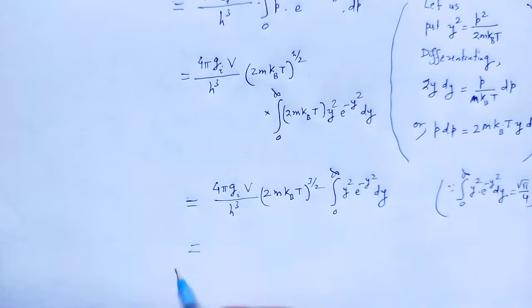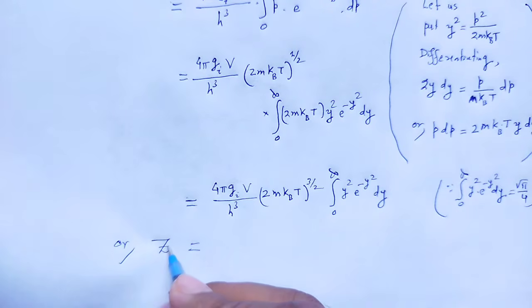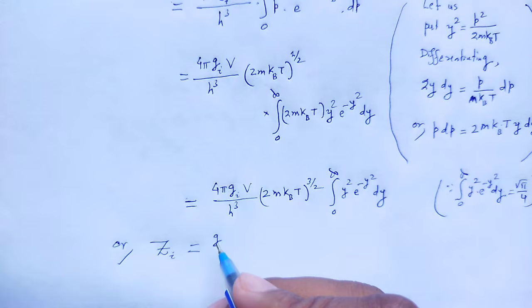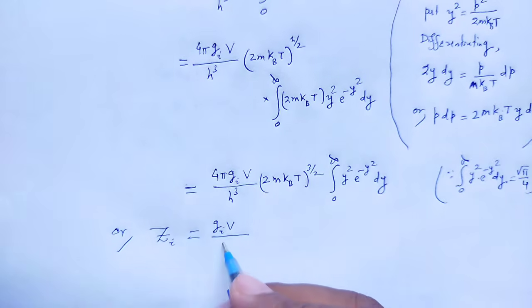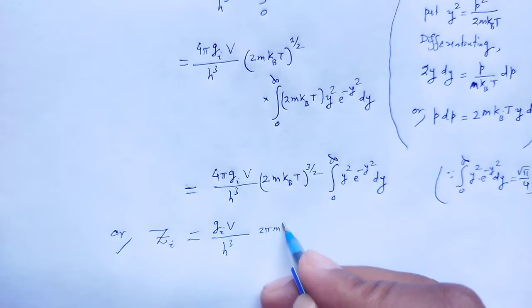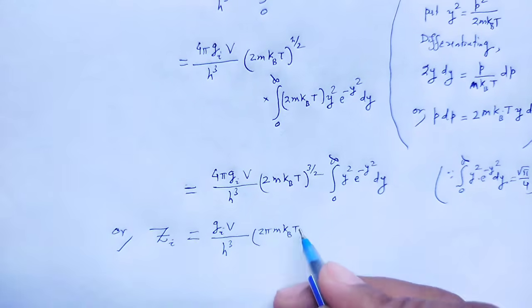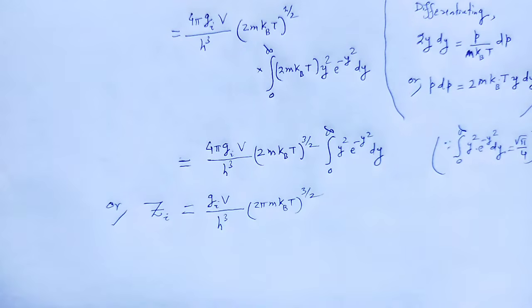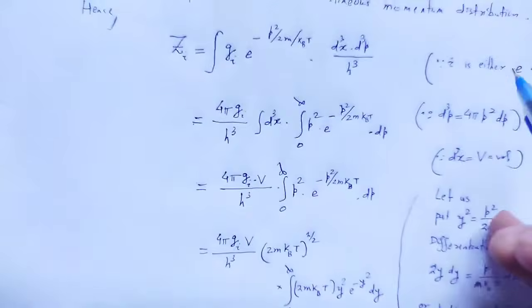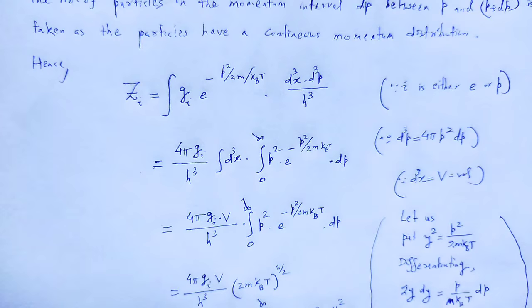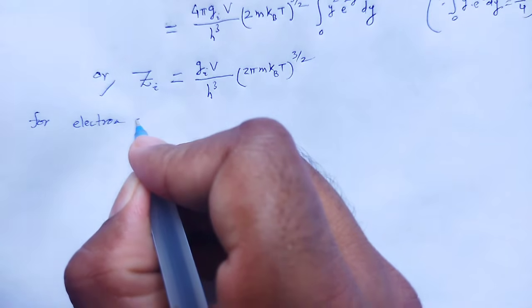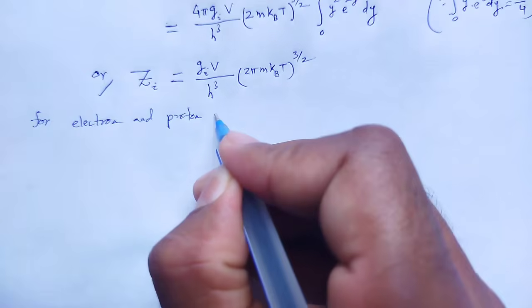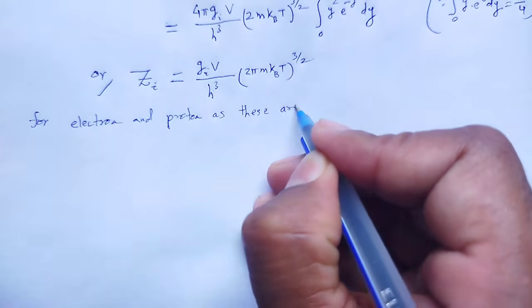So, in that final expression for Zi, as we put the value of root of pi by 4, so gi V divided by h cube 2 pi m kBT to the power 3 by 2, as we taken for electron and proton for I. So, gi be 2 for electron and proton, as these are fermions.